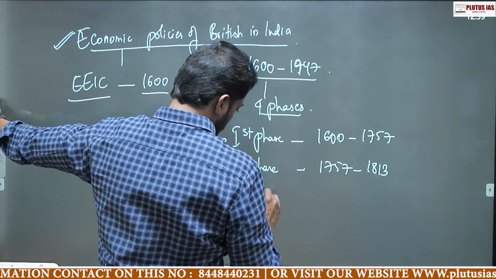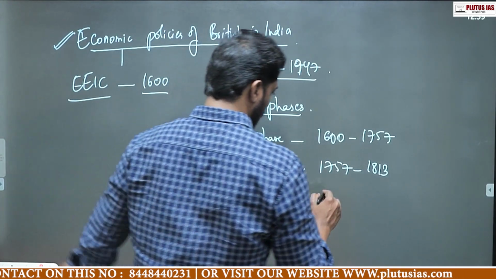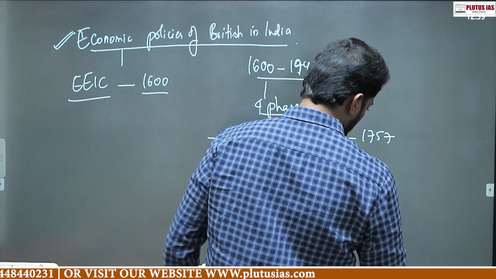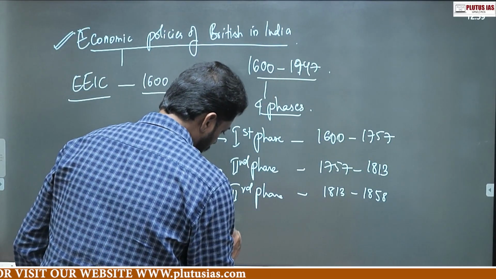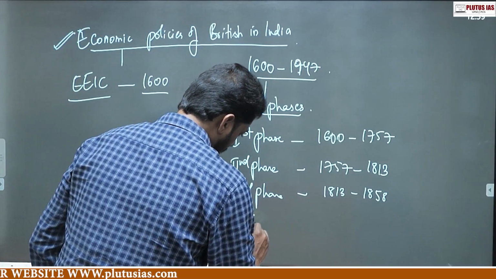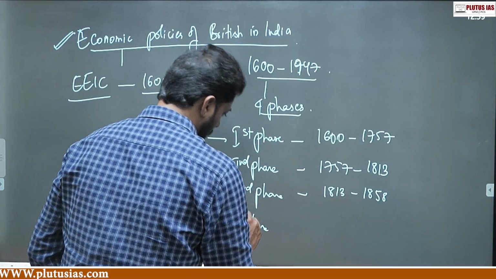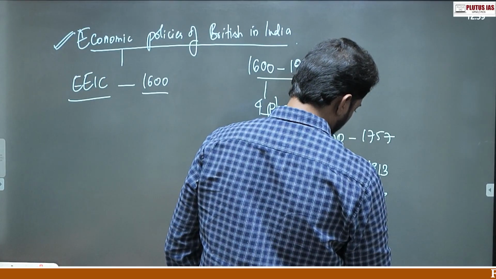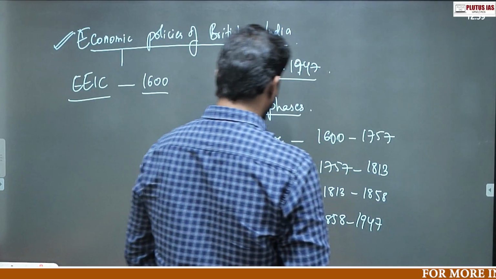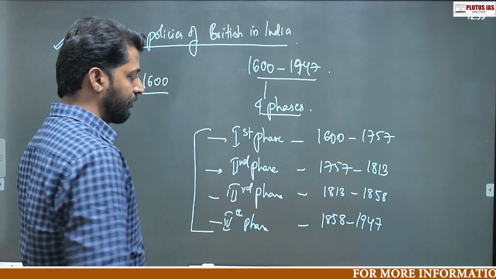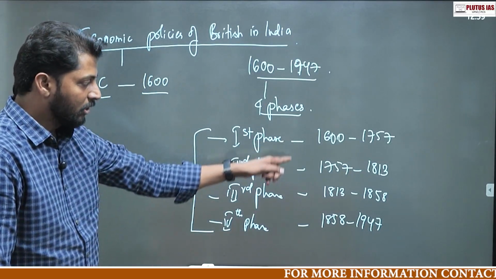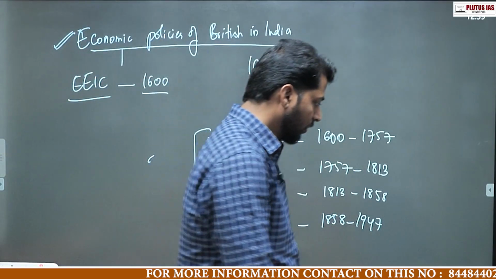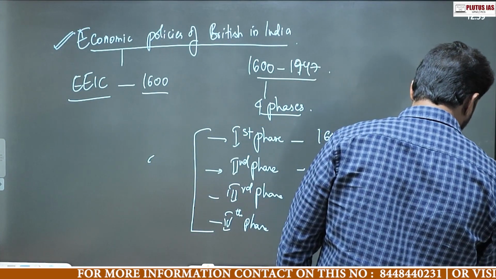The third phase is from 1813 to 1858. And fourth phase is from 1858 to 1947. So these were the four phases of British economic policies in India. So we'll see each phase separately.